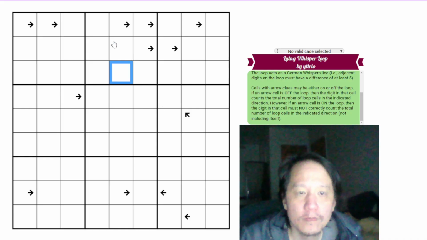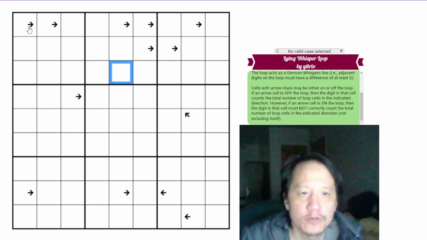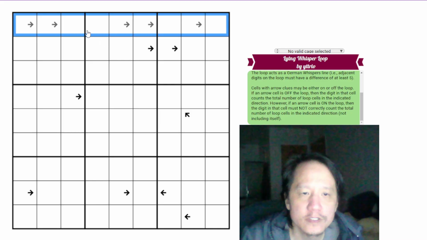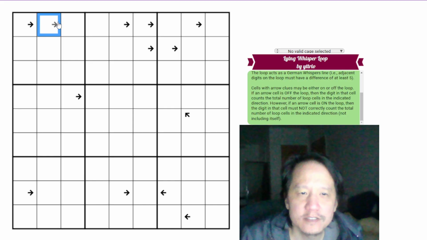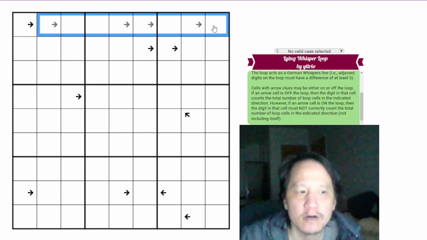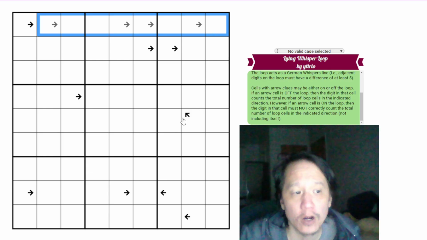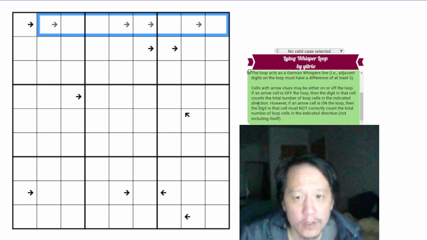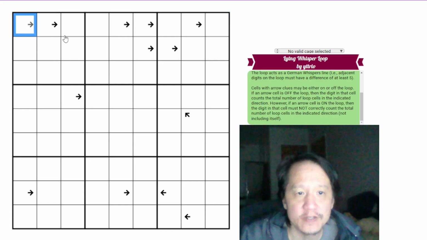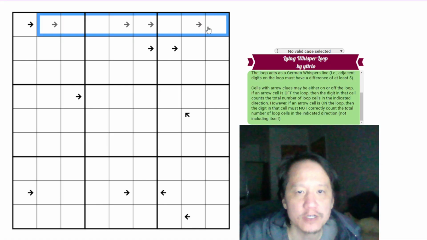So basically the arrow asks the question, how many of these cells are on the loop? If the arrow cell itself is off the loop, it correctly counts the total number of loop cells in the indicated direction.